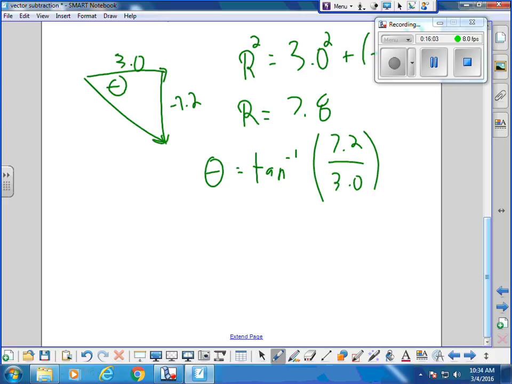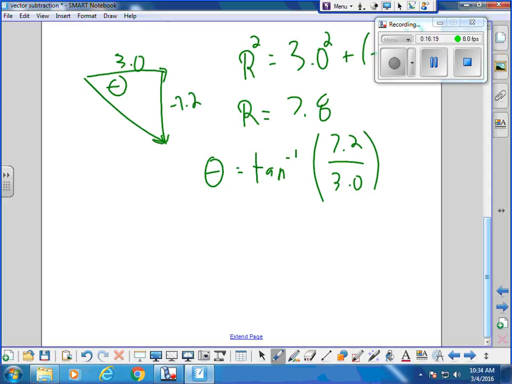Does it have to be negative? No. We're really just finding a geometric figure at this point. The negative is just there so that we know that it goes down, that it's going to be south. If you put the negative in there, it's going to mess things up. So treat the negative as a direction.